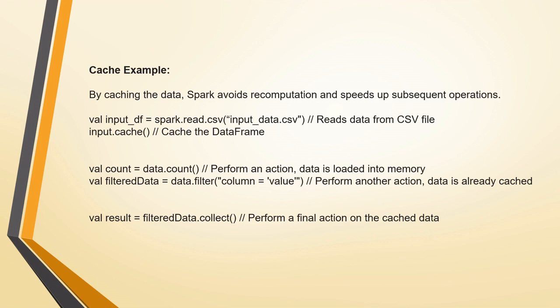Only in these scenarios can we explicitly call this cache transformation. But in a normal scenario, there is no need to explicitly declare the cache, and Spark automatically takes care of it.